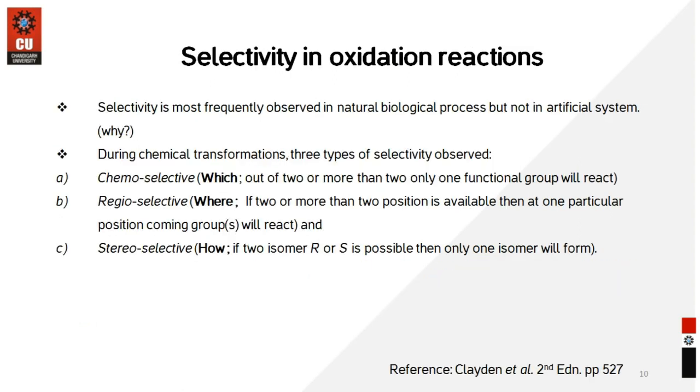All right. Next is selectivity in oxidation reactions. It is very surprising to see that all biological reactions, whatever biological reaction we are thinking of, take place with selectivity, whether it is chemoselectivity, regioselectivity, or stereoselectivity.